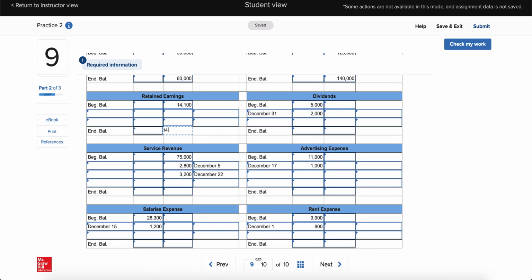Retained earnings, $14,100 credit balance. Dividends, $7,000 debit balance. For service revenues, I'm going to add these three together, and I end up with $81,000. Oops. Trying to give myself some extra money there. Advertising expense, $12,000, just adding those two together. Salaries expense, that comes to $29,500. And my rent expense, $10,800.